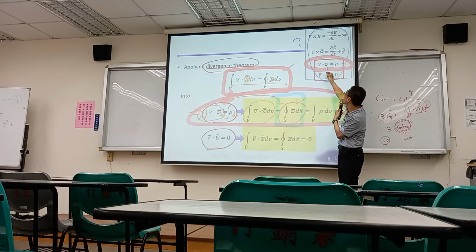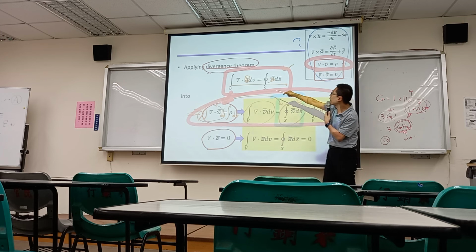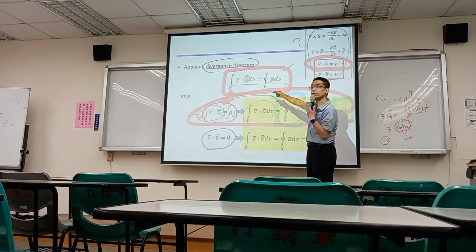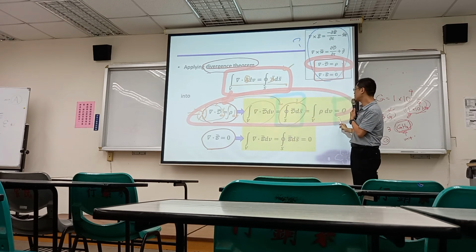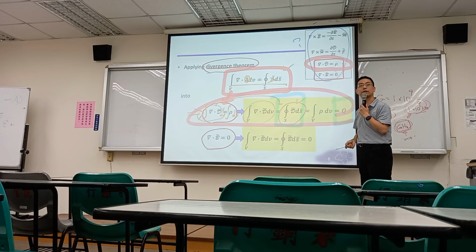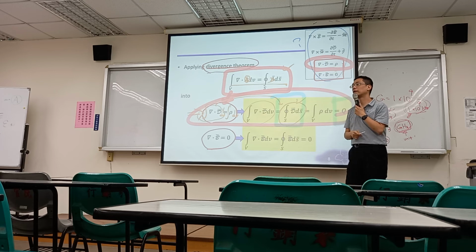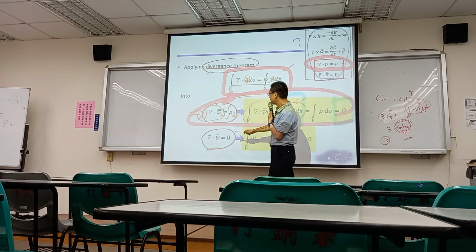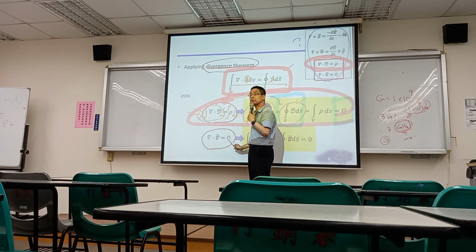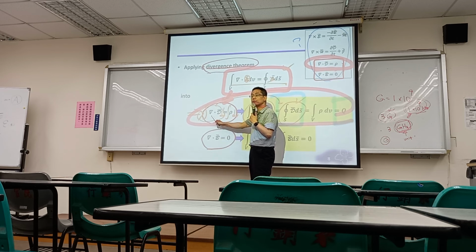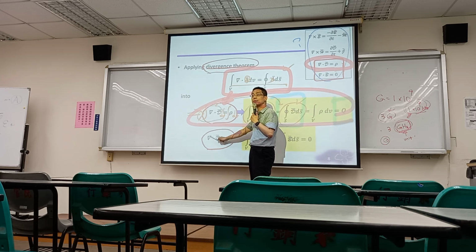This looks very simple, but by applying the divergence theorem, you will find out that, oh, this is Gauss's law. Okay? And similar for B, because it equals 0. This is also Gauss's law. They are both Gauss's law. The electric Gauss's law and the magnetic Gauss's law, both of them.